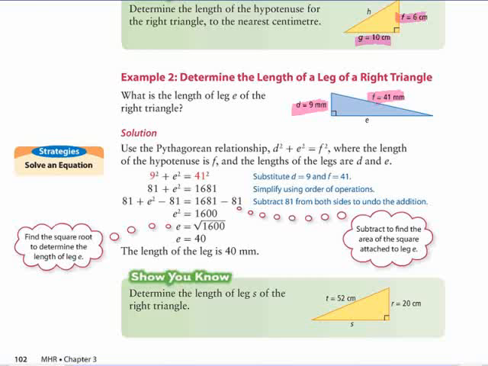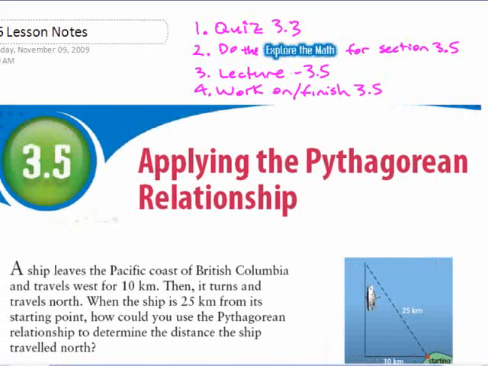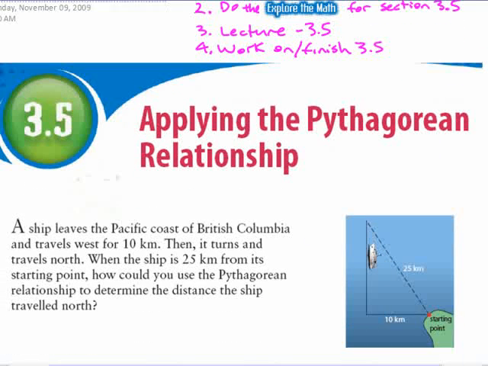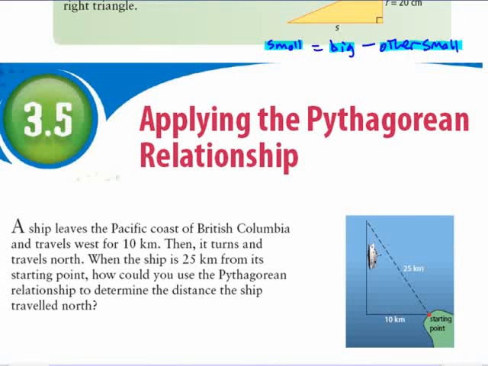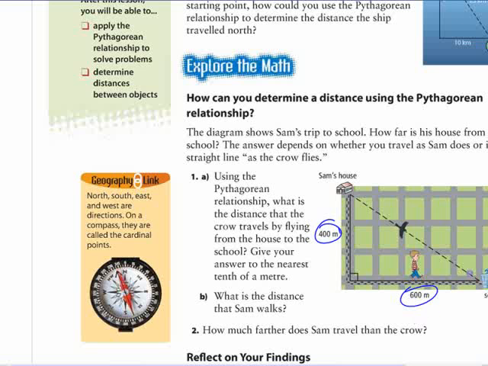So right now this is called applying the Pythagorean theorem, which means it's not going to say, in this right triangle, find S. It's going to take it to the next step.